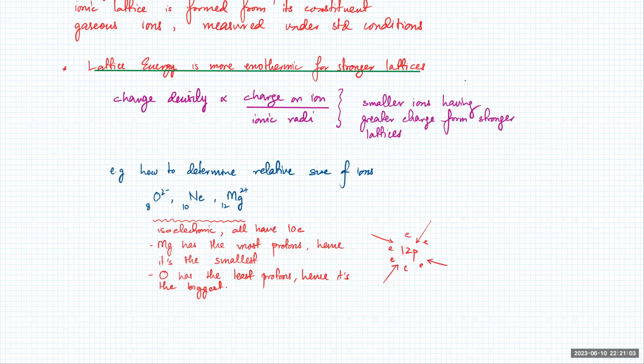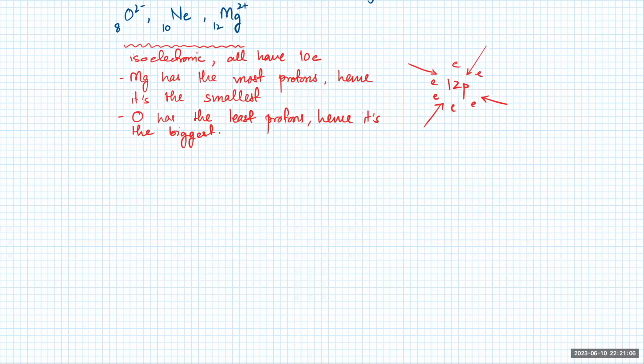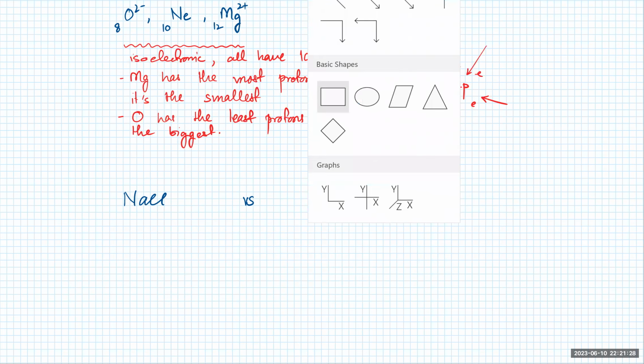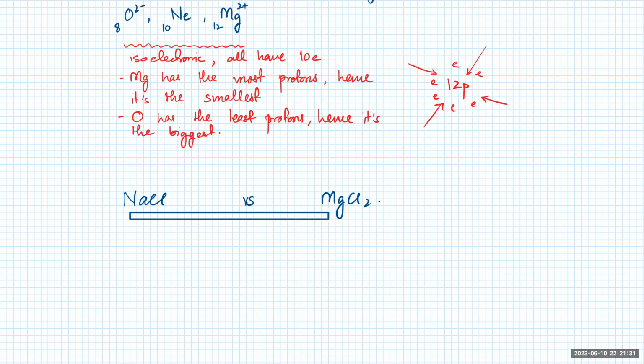So if you're going to compare, tell me which of these has the stronger lattice: NaCl versus MgCl2. Who's got the strongest lattice? Is it MgCl2? And why? Because Mg has a higher charge, 2 plus, whereas Na and Cl have 1 plus and 1 minus.